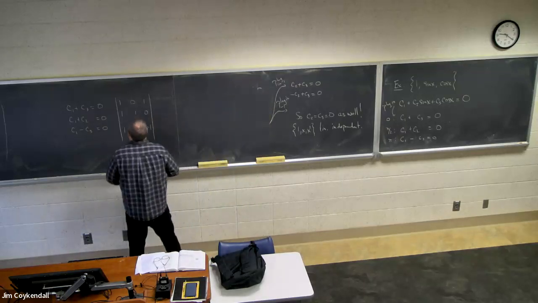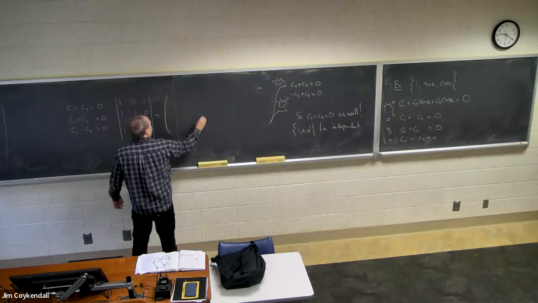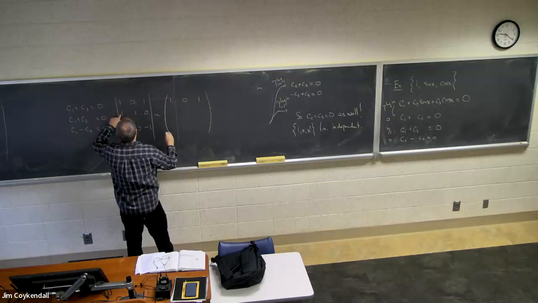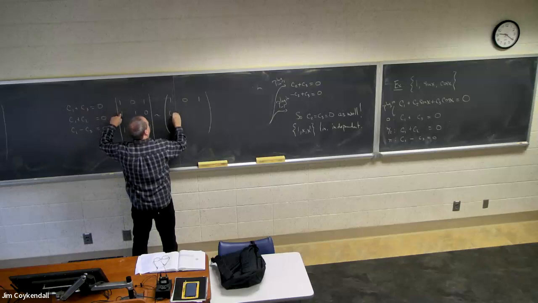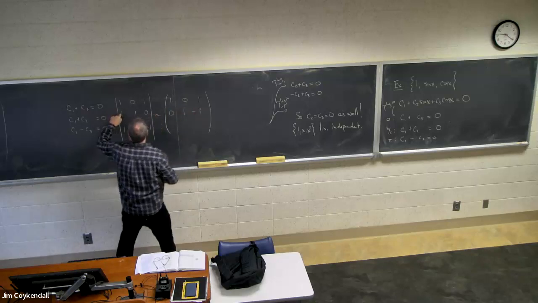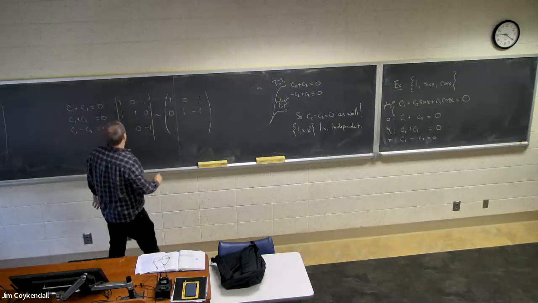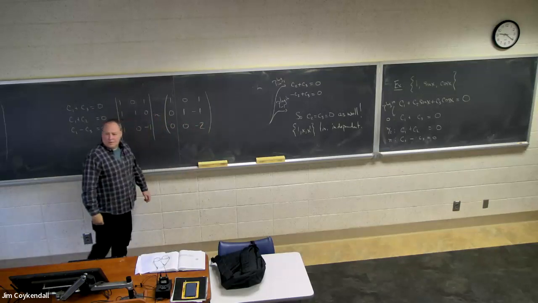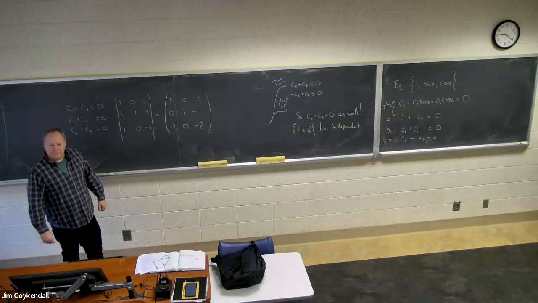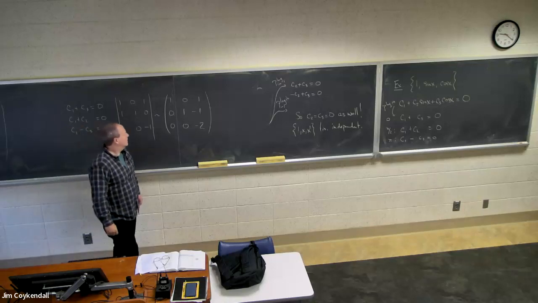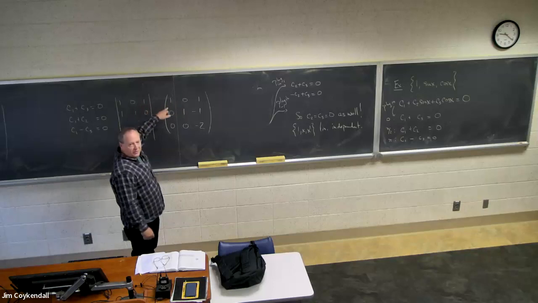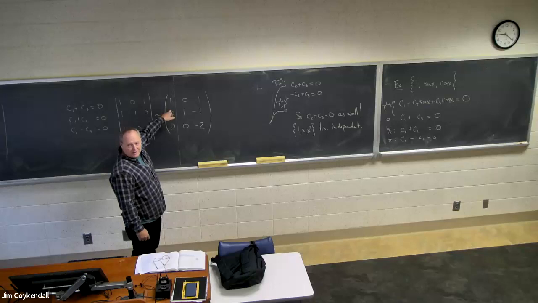So let's row reduce this. 1, 0, 1, multiply by -1 and add. And again, multiply by -1 and add. Everybody agree with that? How many solutions are there to this homogeneous system? Only the trivial one.